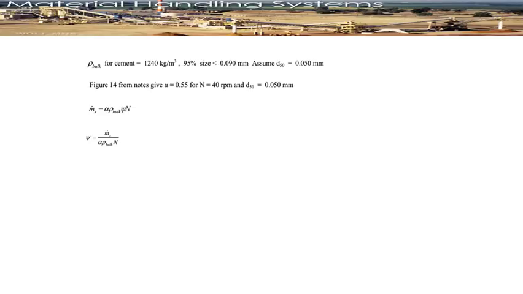So you have to change the 16,000 kilogram per hour into 16,000 kilogram divided by 60 to get how many kilogram per minute we have as a mass flow rate. The alpha is 0.55, the rho bulk remains 1,240 kilogram per cubic meter, and the N is going to be 40, and you can find the value of psi. Okay, and that will be the second part of the question, where you are going to have the full mark for it.